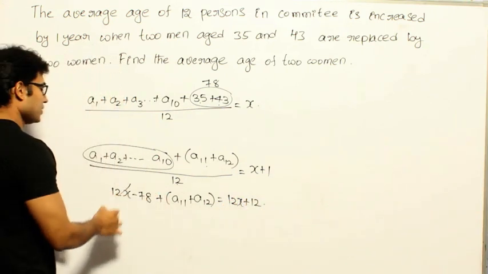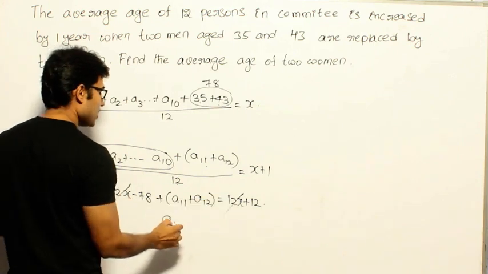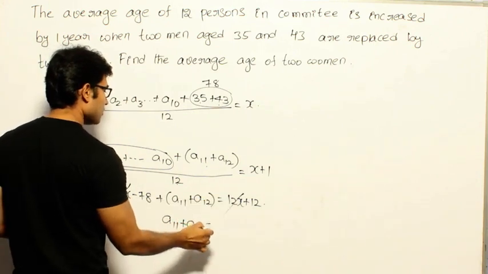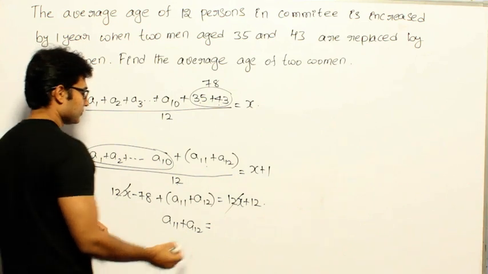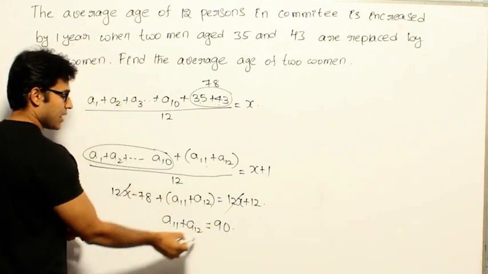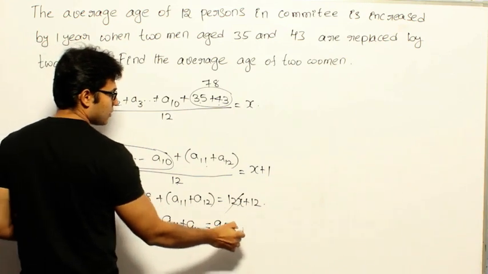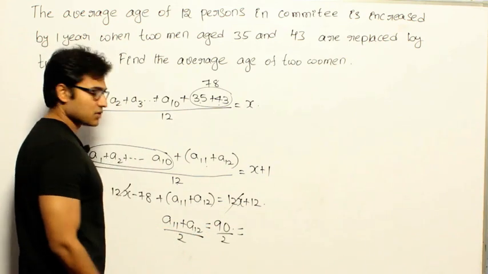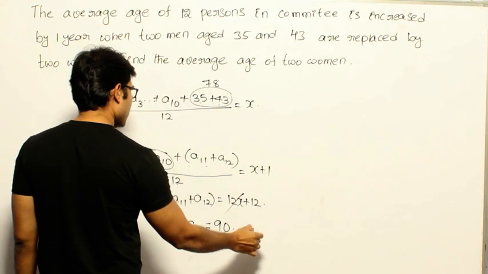Got it? Now 12X will get cancelled. So A11 plus A12 is equal to 90. So what is asked? The average is asked. So these 2 divided by 2, the average of those 2 is going to be 45.